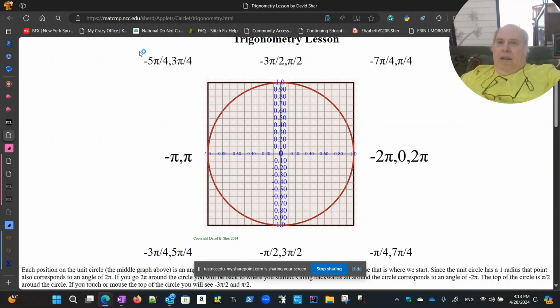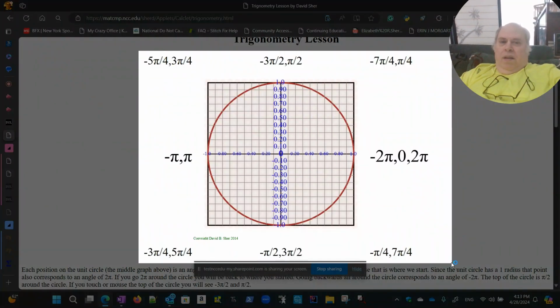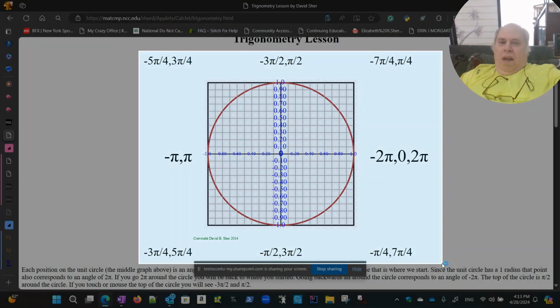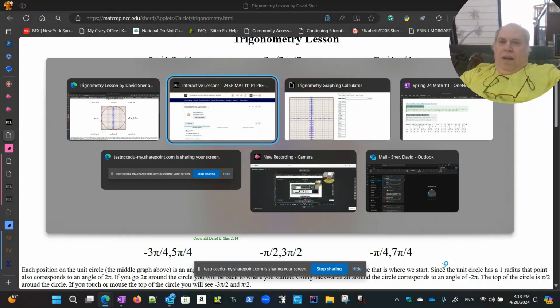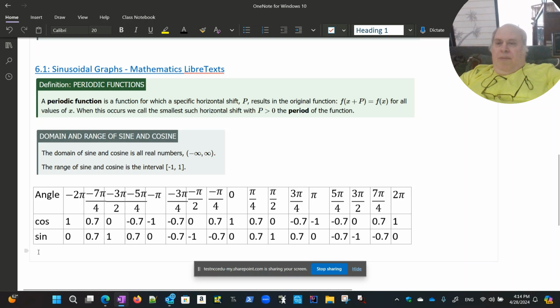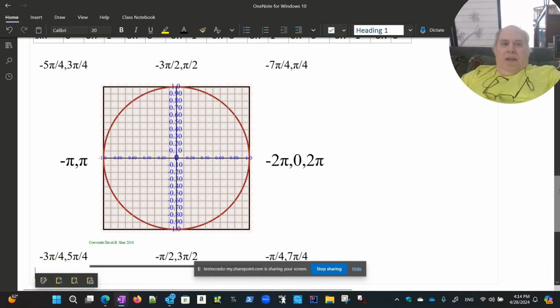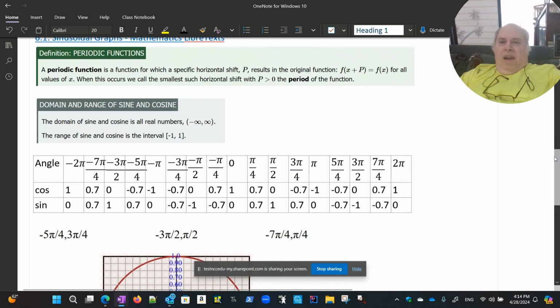I'll put a picture of that into the notes. Now, what we're going to do is translate this table over here.